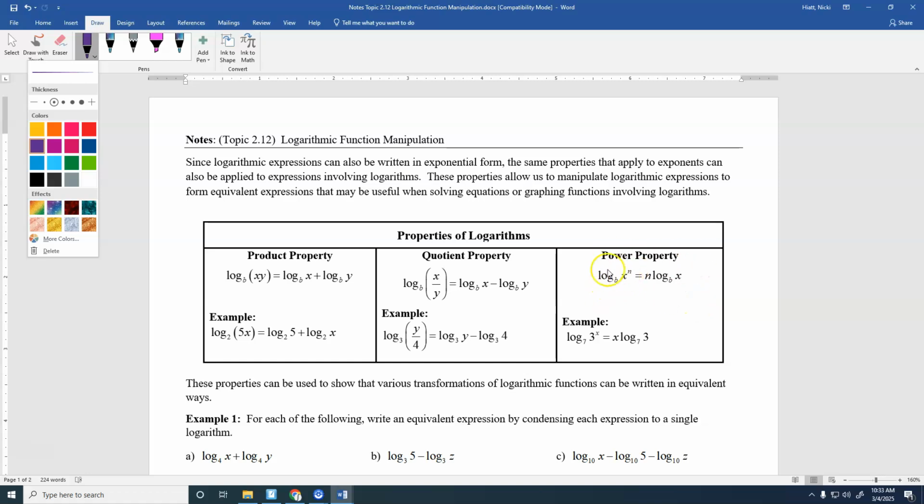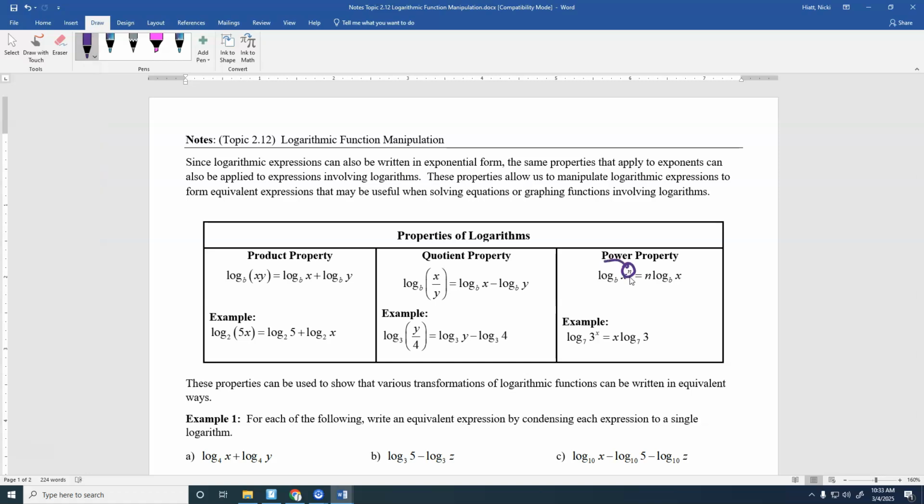This tells us if you were doing the log of something raised to a power, then this power, that n, can be pulled out front as a coefficient. So it would equal n log base b of x. For example, if I had log base 7 of 3 to the x power, this exponent can be pulled out front as a coefficient, and I would have x times log base 7 of 3.